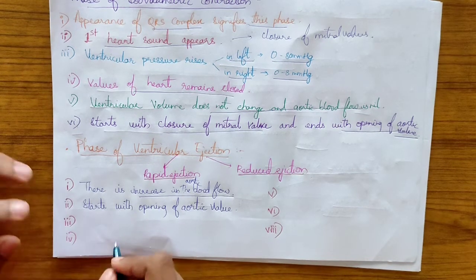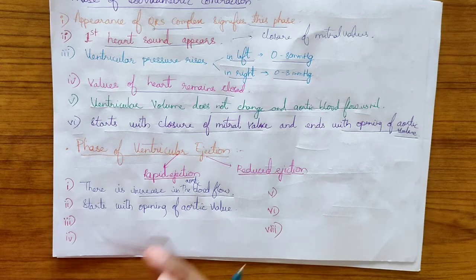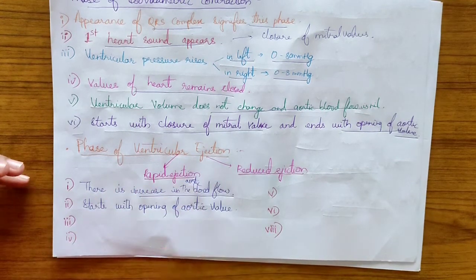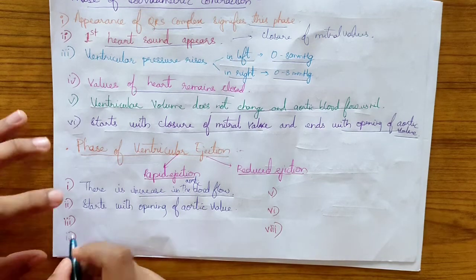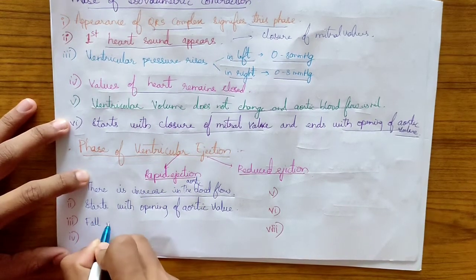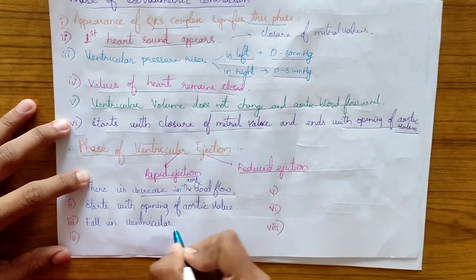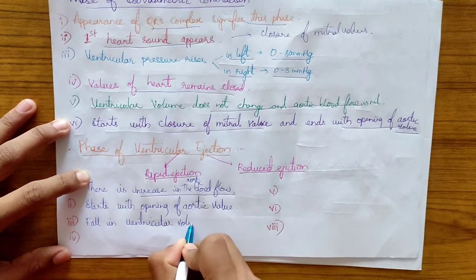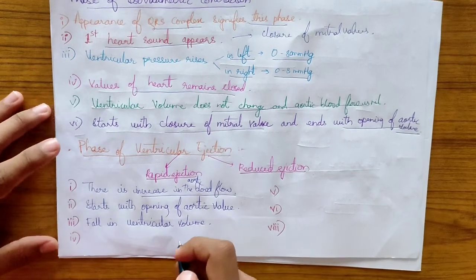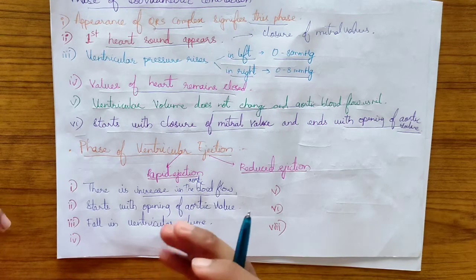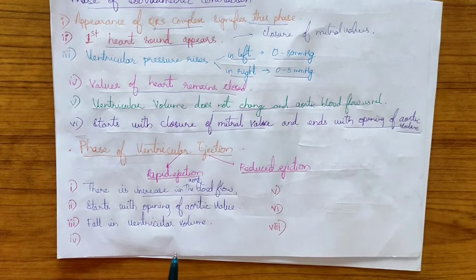What happens next? Due to the increase in the aortic blood flow, the blood will go from the ventricle to the aorta. Therefore, there will be a fall in the ventricular volume, because the blood is going to the aorta. The aortic pressure is increased because the blood comes there, but it does not increase more than the ventricle.